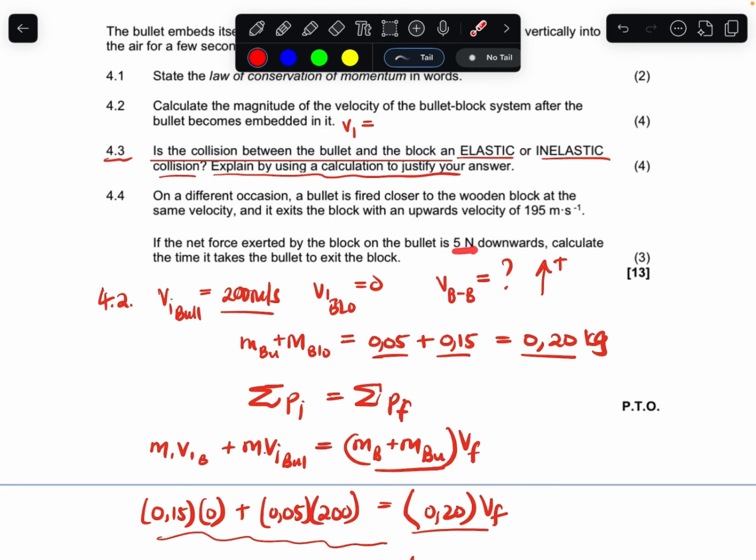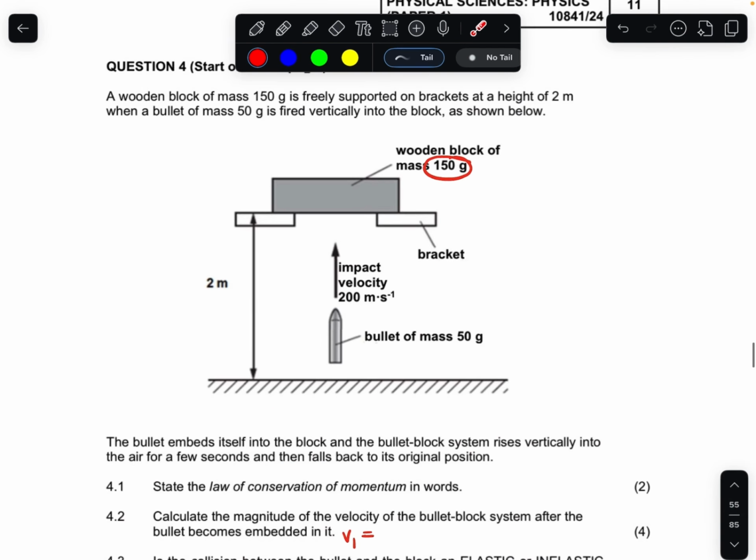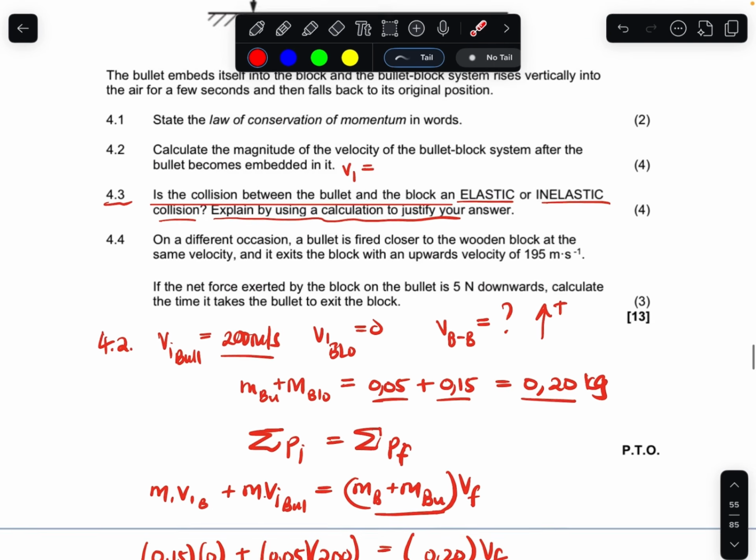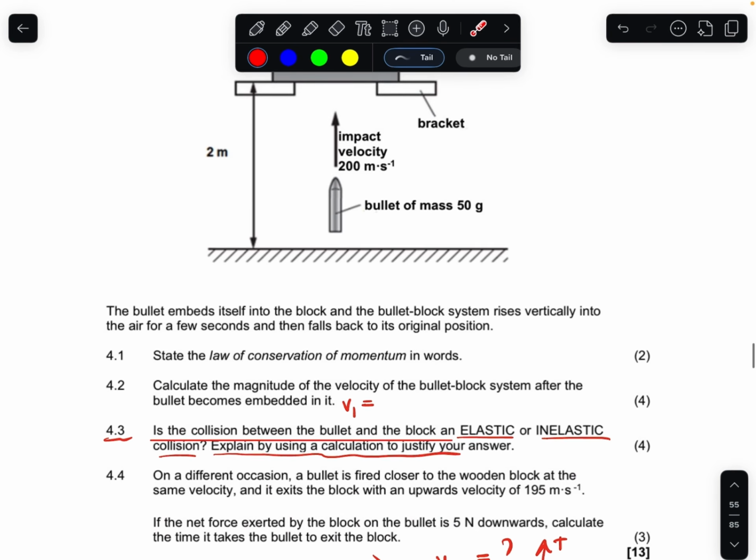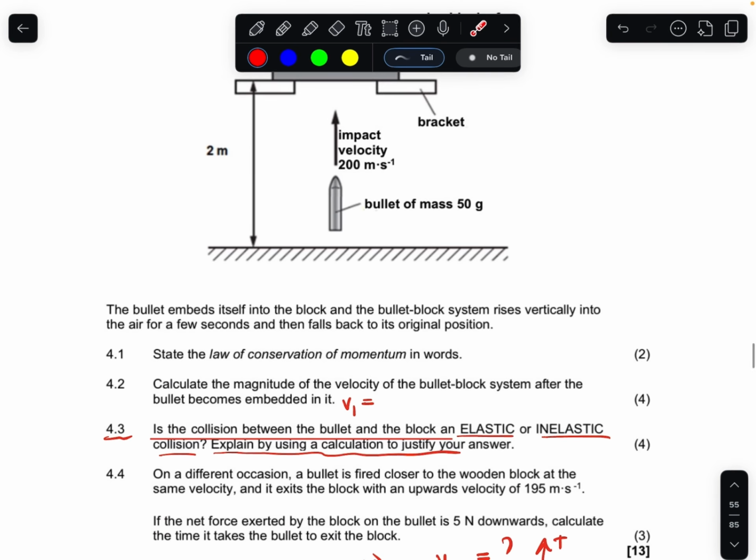So when they say the force that the block exerts on the bullet downwards is 5 newtons, calculate the time it takes for the bullet to exit. They wanted the contact time while the bullet was moving through and emerging. So very important there. Okay, let's use this space to calculate 4.4.